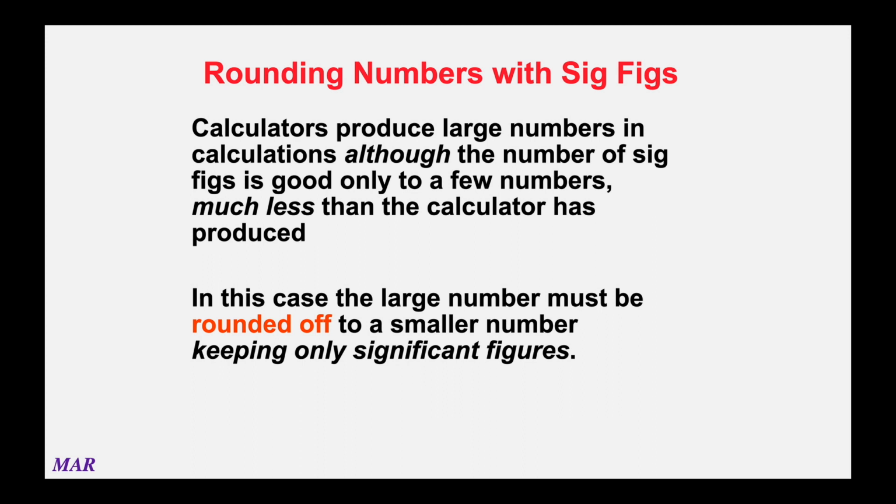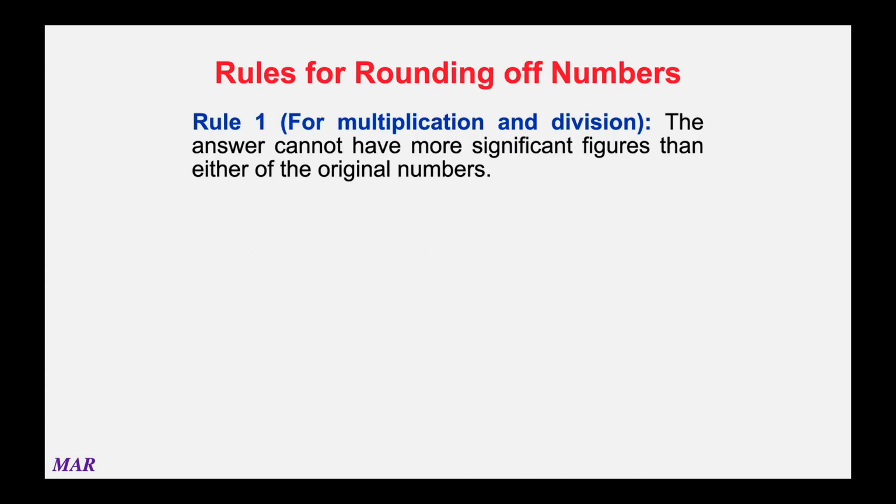So let's look at how you round numbers with significant figures, especially when it comes to problems with chemistry. In chemistry, most of the time we're going to be using sig figs with problems involving multiplying and dividing. And the answer cannot have more significant figures than the original numbers.